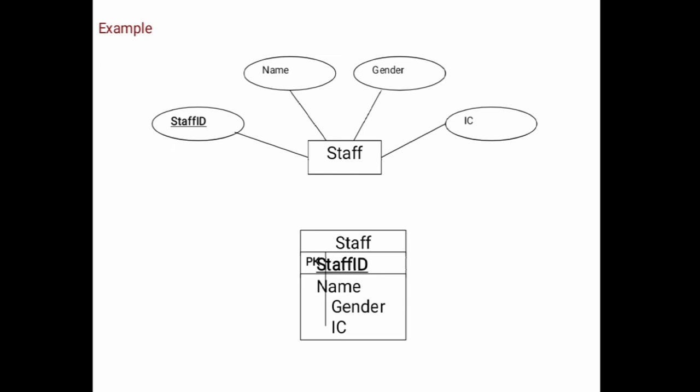We will see another example where staff is an entity. This ellipse shape is nothing but an attribute, and an attribute that is underlined is considered a primary key. This is the symbol of a primary key. Whenever an attribute is underlined, it is considered a primary key.